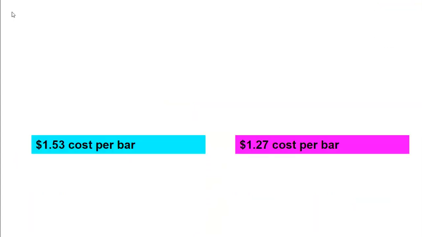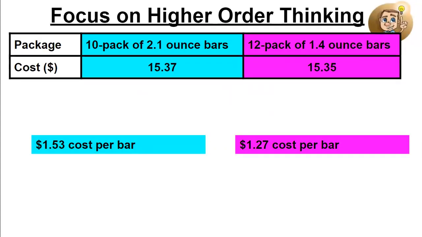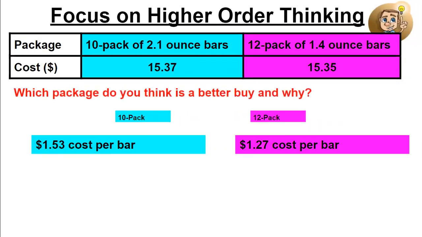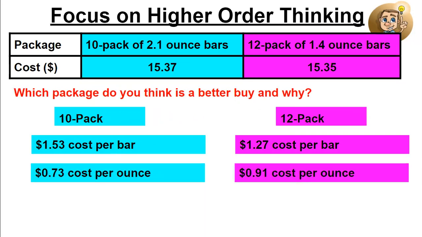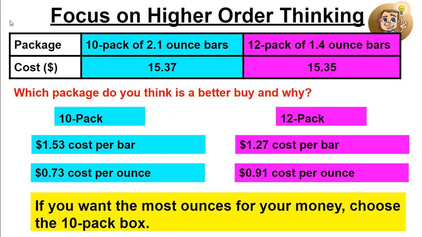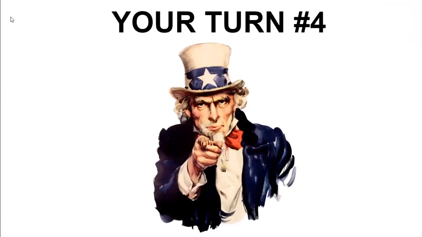So I think the better deal is: the 10-pack is $1.53 a bar, $1.27 a bar for the 12-pack, and the 10-pack costs 73 cents per ounce, and the 12-pack costs 91 cents per ounce. Comparing those, I'd rather have the better deal per ounce. So if you want the most ounces for your money, choose the 10-pack box. Awesome. Okay, you get to try one of these type of problems.